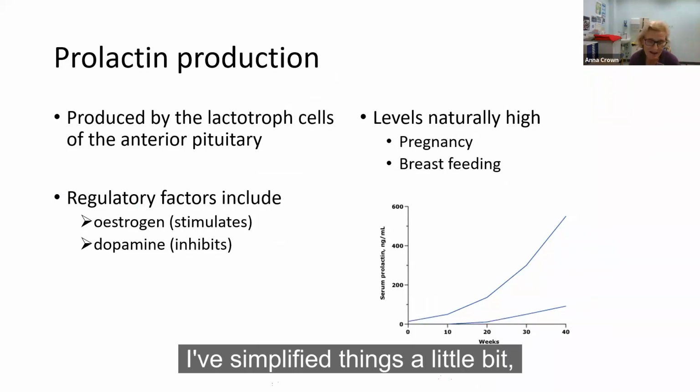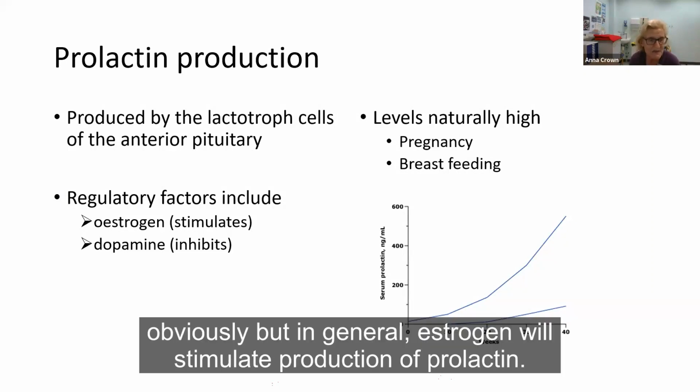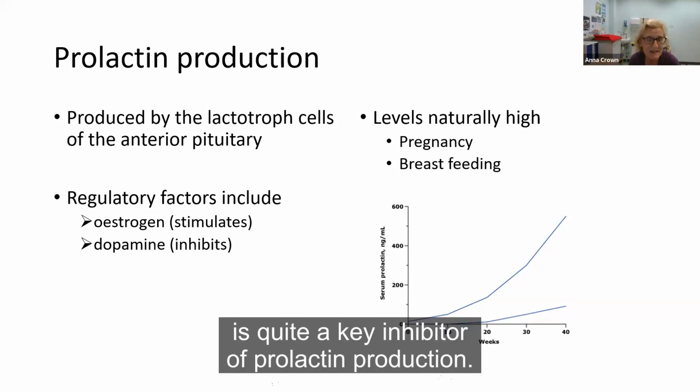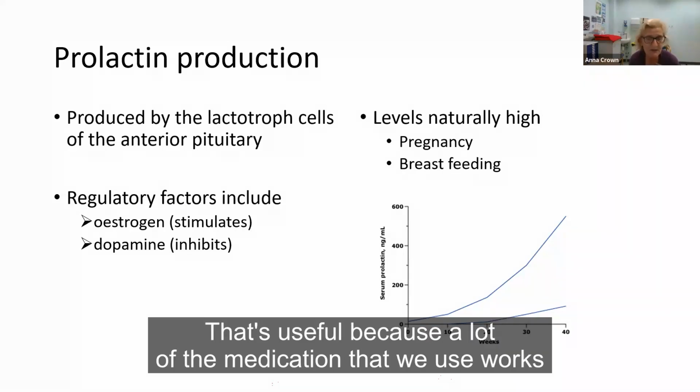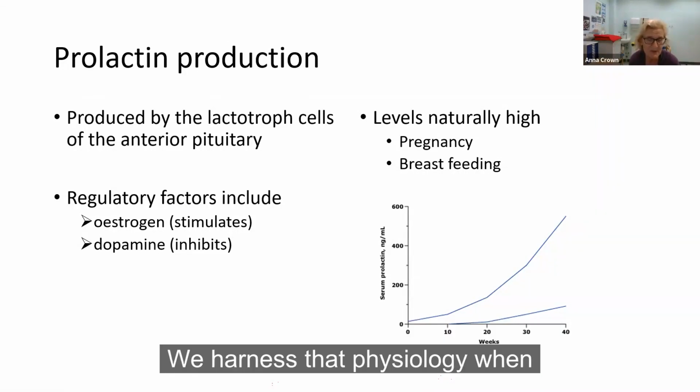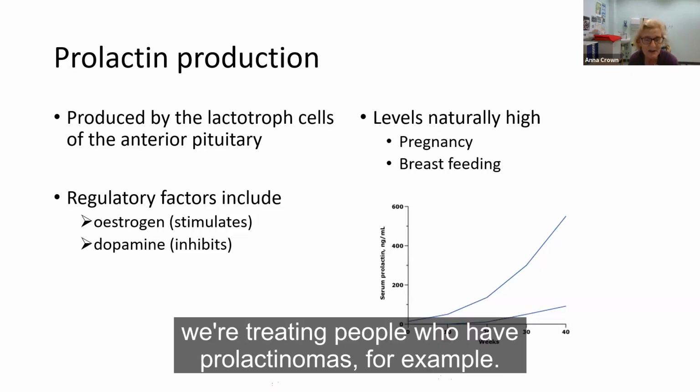I've simplified things a little bit, but in general, estrogen will stimulate production of prolactin, and dopamine, which is a neurotransmitter, is quite a key inhibitor of prolactin production. That's useful because a lot of the medication that we use works through that dopamine inhibition of prolactin production. So we harness that physiology when we're treating people who have prolactinomas, for example.